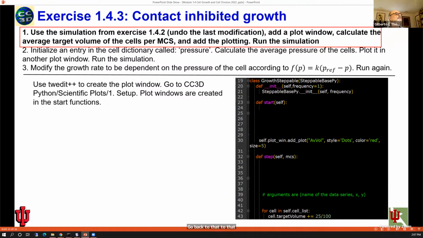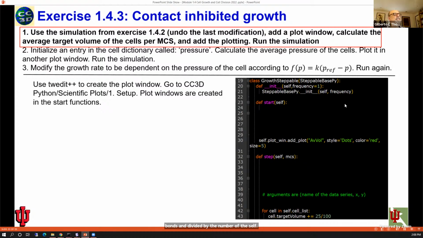I mean, allow all the cells to be checked for division, okay, and add a plot window because we want to see how the average volume of the cells evolves in time, and calculate this average volume. I mean, what is the average volume? Okay, you are going to run over all the cells, sum all target volumes, and divide by the number of cells. That's what you have to do.